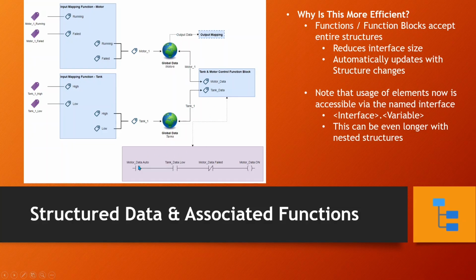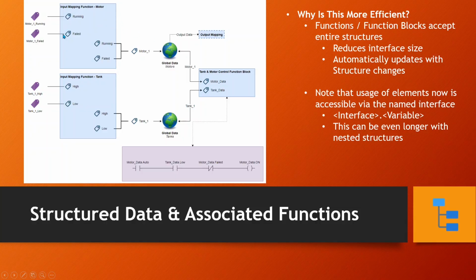So what we have here is our auto, low, and failed that we saw from the previous examples. Notice that they're no longer looking for motor 1 or tank 1 or whatever the prefix for tank is. They're now looking at interfaces here on the function block, which are called motor data and tank data.